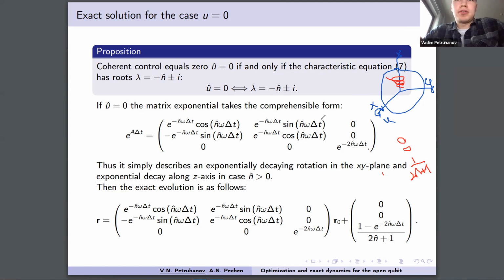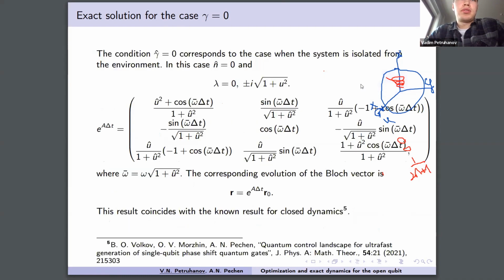Yeah, and also we wanted to consider the case when gamma equals 0. This is the case when we completely isolate our system, then the environment doesn't affect the system.